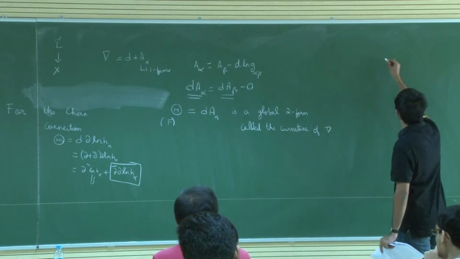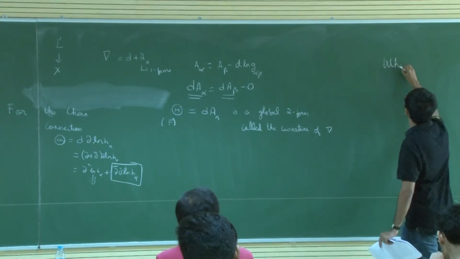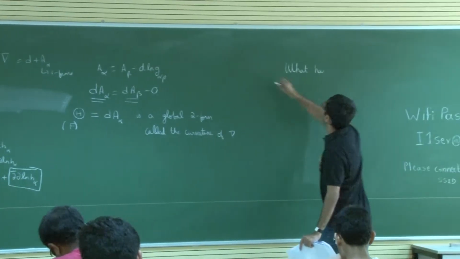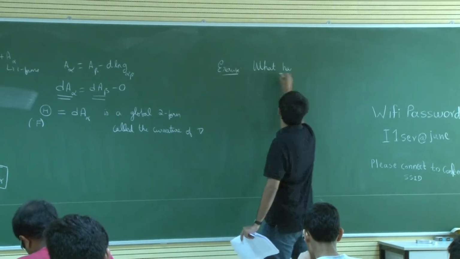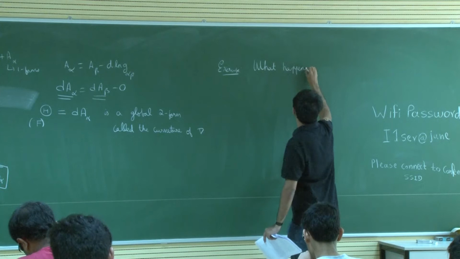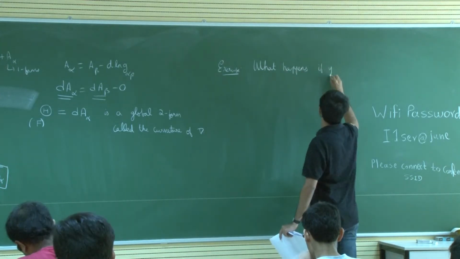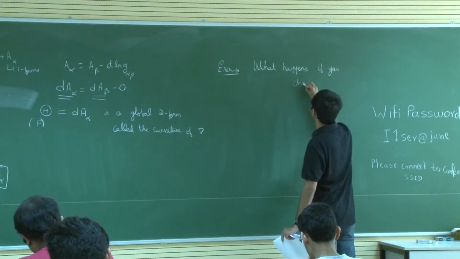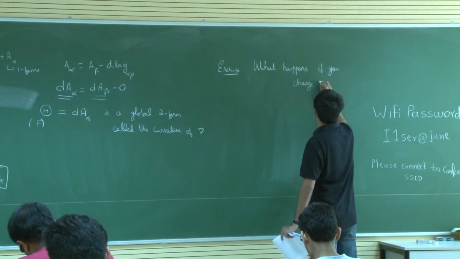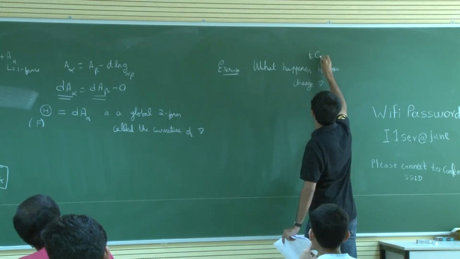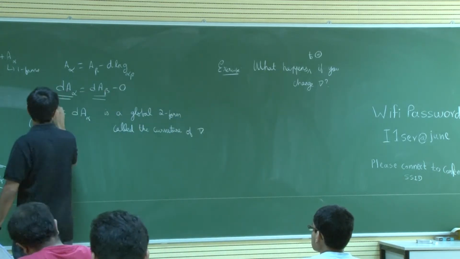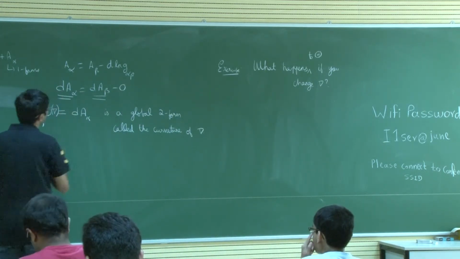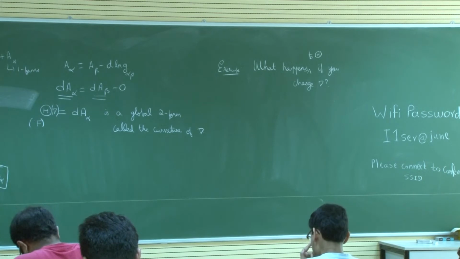By the way, maybe an exercise that we will do now: what happens to the curvature if you change the connection? Maybe I'll call it theta of nabla, just to indicate it's the curvature of that connection.